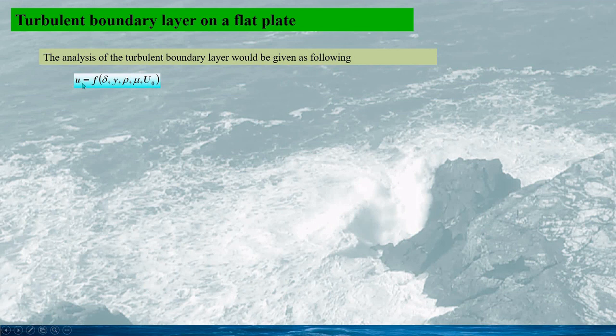Here, the normal u is used for the mean velocity in the boundary layer rather than the capital U. So we can see the velocity distribution would be a function of the parameters of boundary layer thickness delta, the distance from the boundary y, the fluid density rho, the fluid viscosity mu, and the free stream velocity u0.